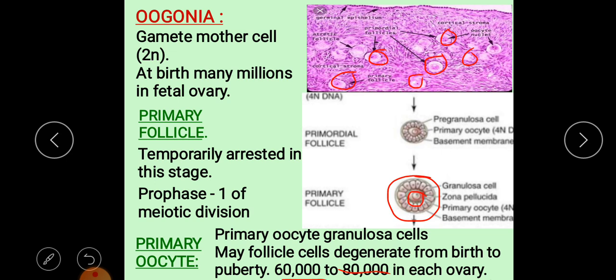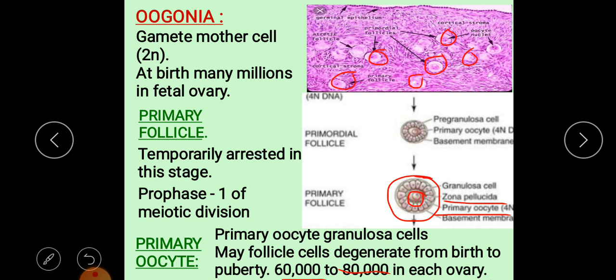This primary oocyte is covered with the primary follicle cell, and it is formed with the zona pellucida. The primary oocyte is located inside the primary follicle, and this follicle is covered with a thin layer which surrounds the oocyte, enlarges and undergoes cell division.